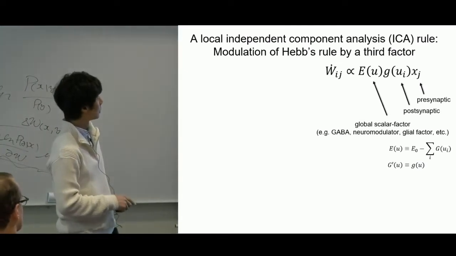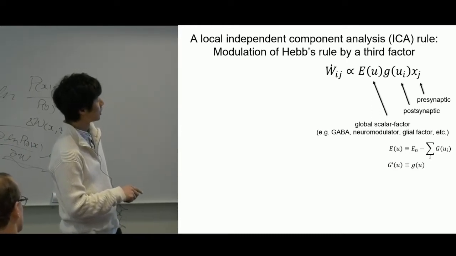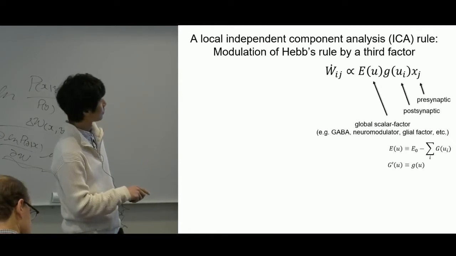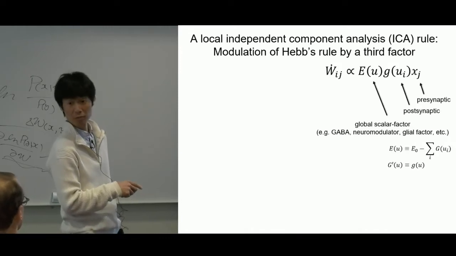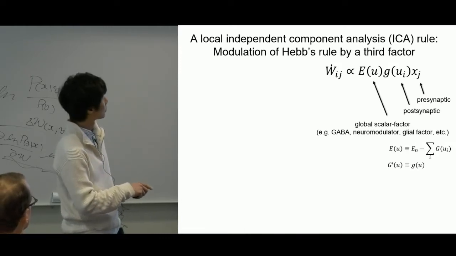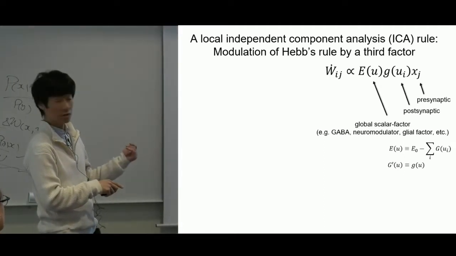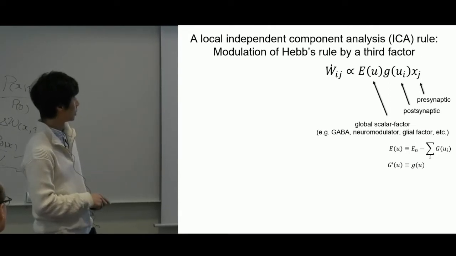In the learning rule that we derived, the change in synaptic weight is described by a product of three factors. X is the presynaptic activity, G of U is the postsynaptic activity, so X times G of U is a typical Hebbian plasticity rule. But it also has an additional third factor, E, which is a scalar common to all synapses. This is a global scalar factor, possibly implemented by GABA release, neuromodulators or glial factors.